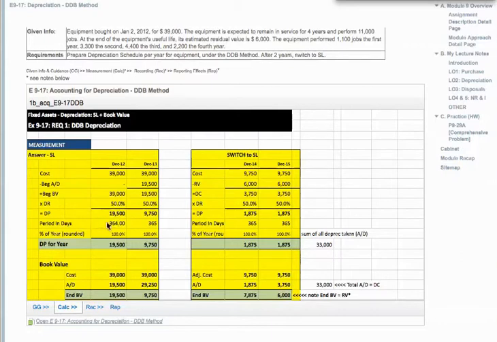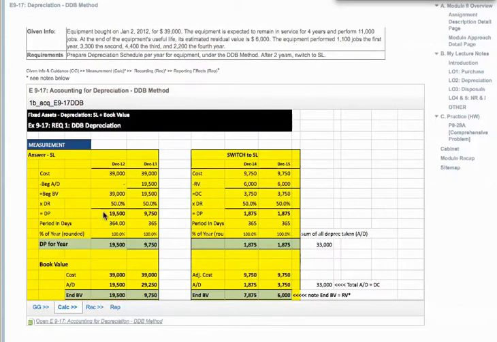Now I put this in here just in case we have an in-service date that is later in the year, so we could calculate the proportion of the year to come up with a depreciation for a period other than 1 year.